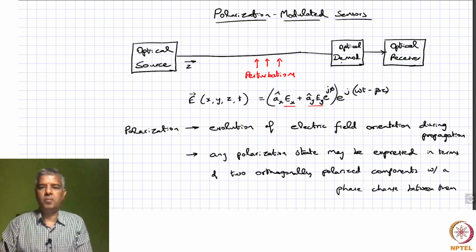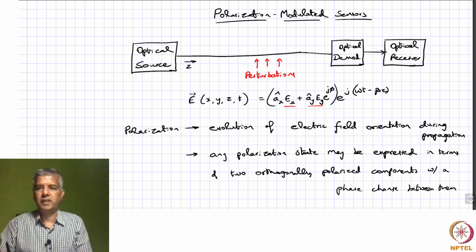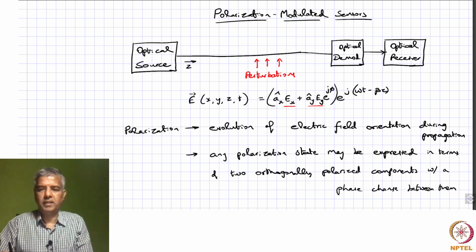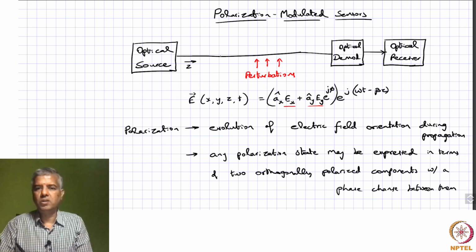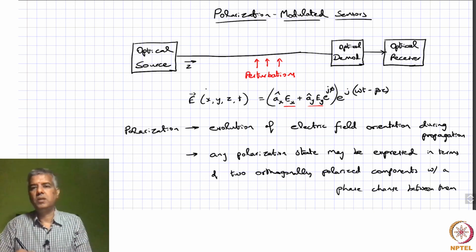What this optical demodulator does is analyze the polarization state, and you know what you launched into your fiber at the transmitter. You usually put a polarizer here to ensure that you are launching a very specific polarization state, and then you analyze the polarization state at the output.